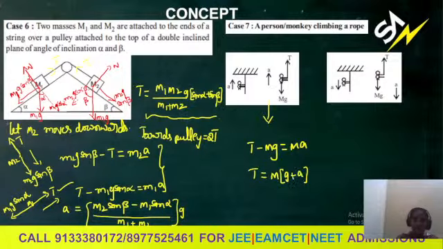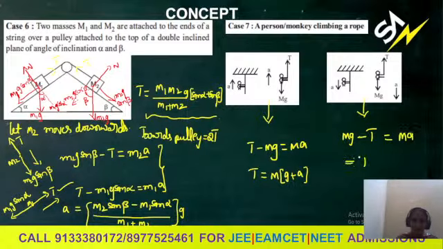Let us see the next situation. The person climbing down that rope, then acceleration is downwards, so along the direction of motion, weight of the person mg, opposite to that minus T, mg minus T will be equal to m into a.